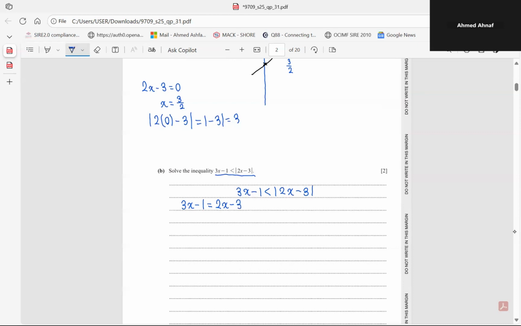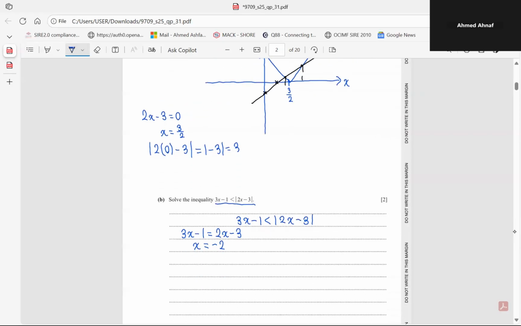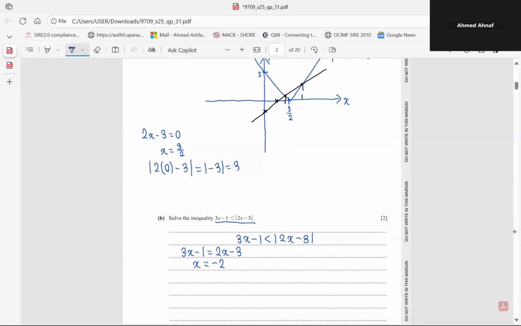And now we just solve for x. Let's move the 2x to the other side, so that would be x, and move the constants to the other side, so -3 plus 1. That would be -2. So our first point of intersection would be x equals -2.